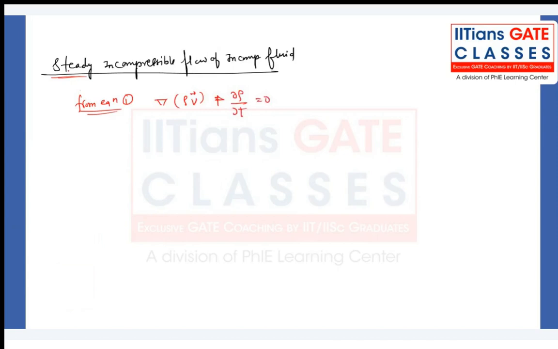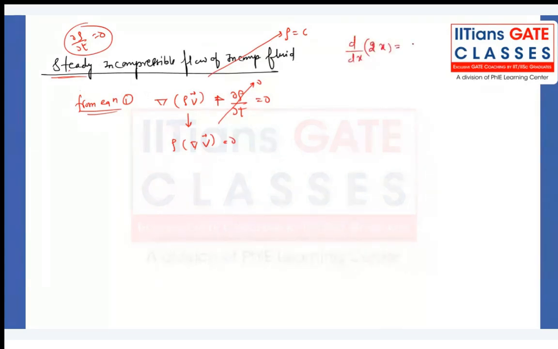Steady means this term will be gone. Incompressible fluid means density is constant, right? So finally, we can write this equation as del dot V equal to 0, because we can take rho outside. We can take it outside the derivative, as it is just like a constant. See, d by dx of something, if you want to do 2 into x, so 2 into d by dx of x, you can write. Same thing we are writing here, right?